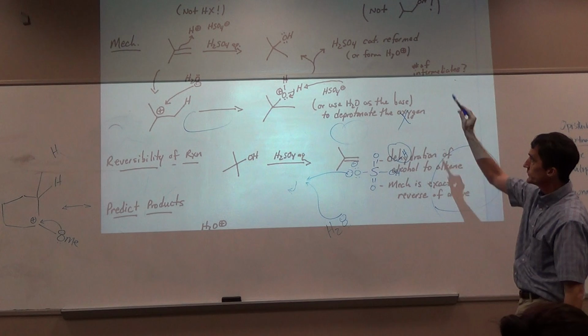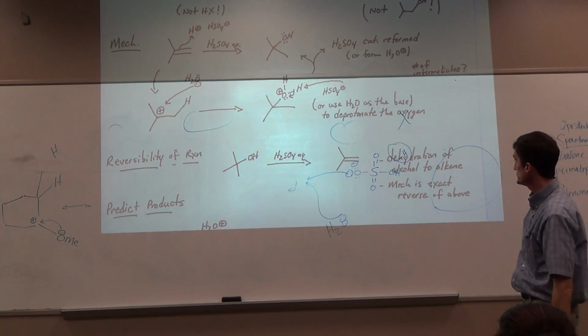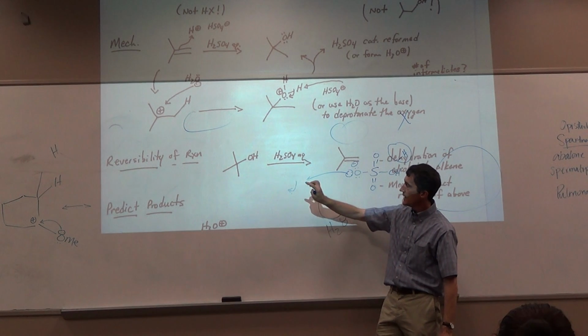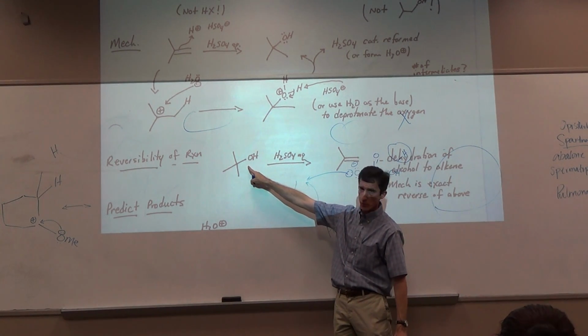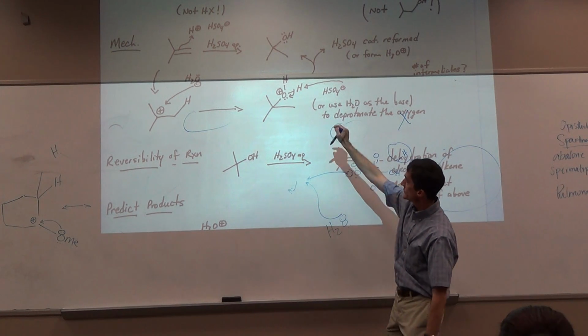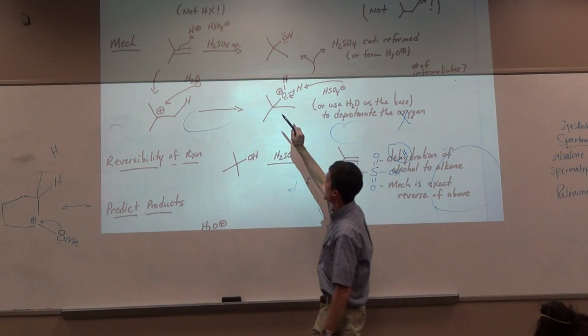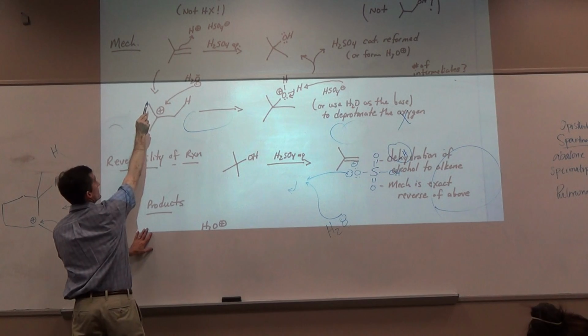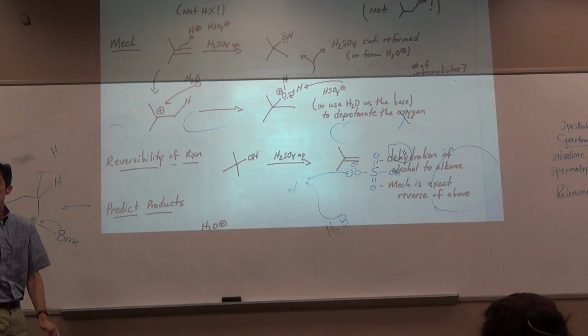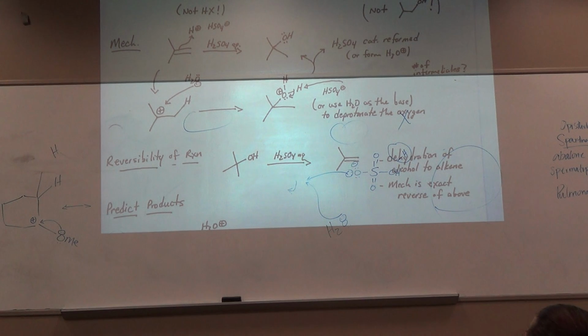Now, this reaction here is reversible. I just mentioned that here. We're not going to do much with it. During test 2 or organic 2, we will do the reverse reaction. What is the reverse? Well, what's the forward? Alkene converting to what? Alcohol. You hydrate the alkene to make an alcohol.